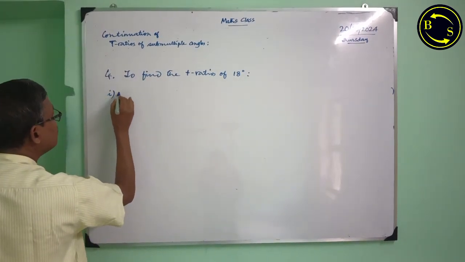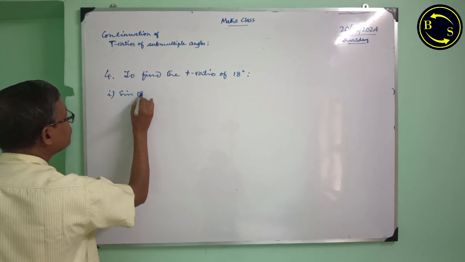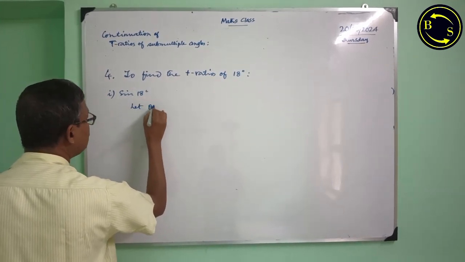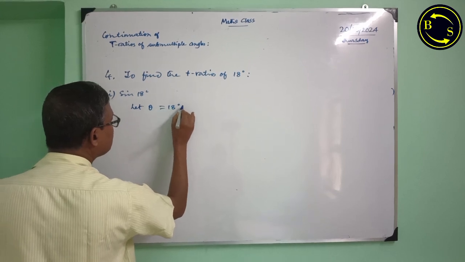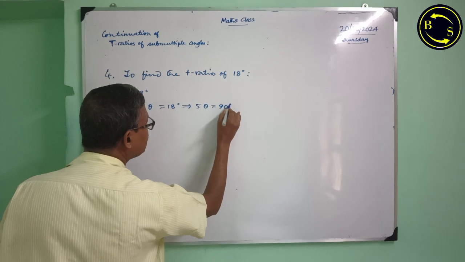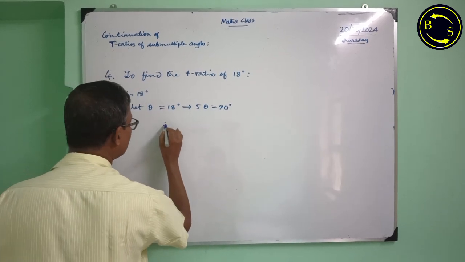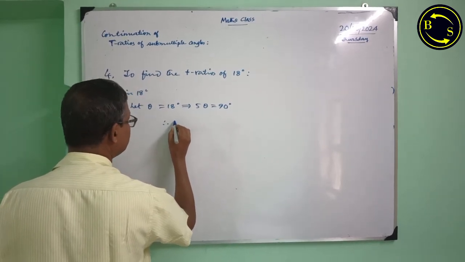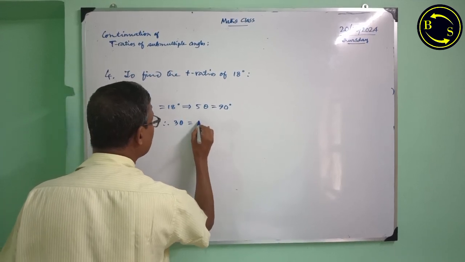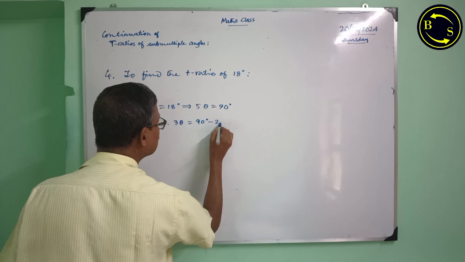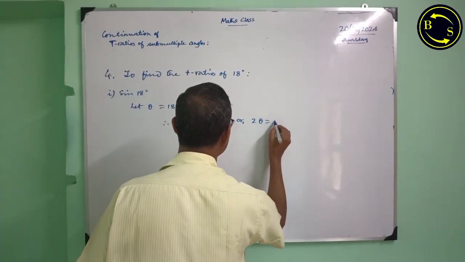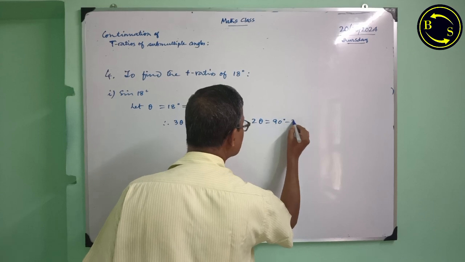First one, sine 18 degree. For that, we take theta equal to 18 degree. From that, 5 theta equals 90 degree. Therefore, 3 theta equals 90 degree minus 2 theta, or you can take 2 theta equal to 90 degree minus 3 theta.